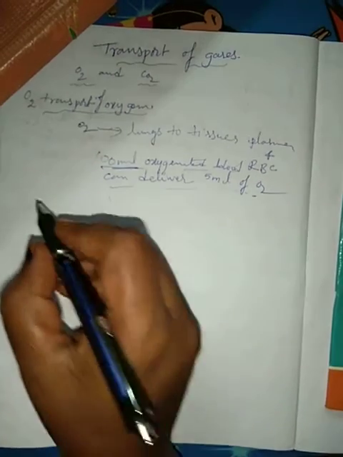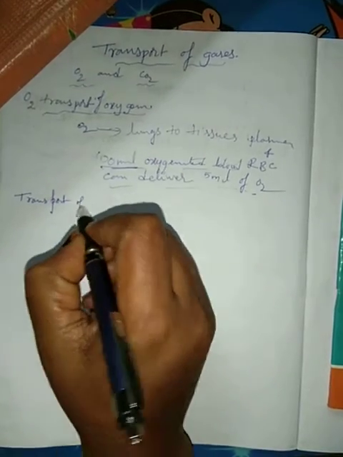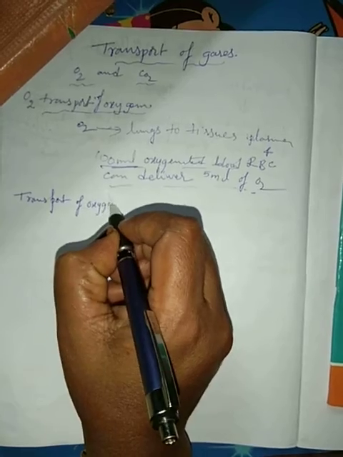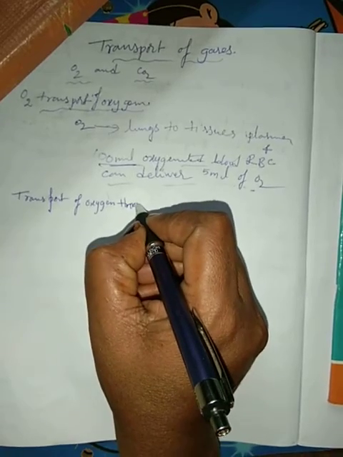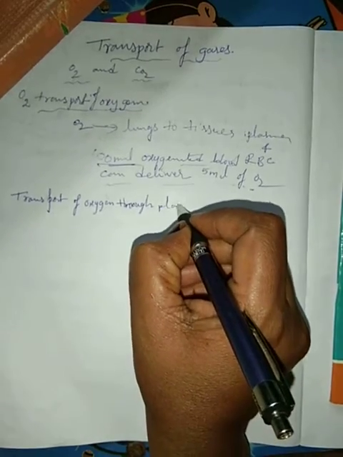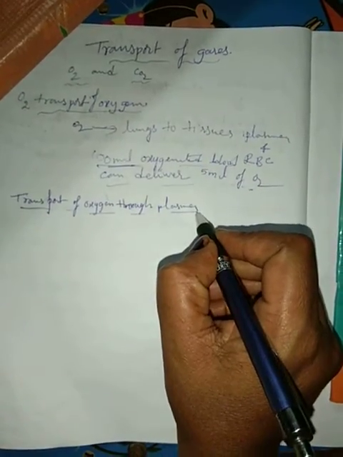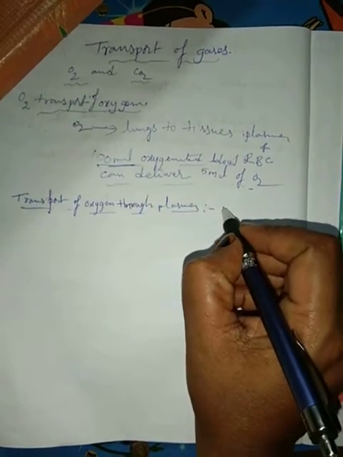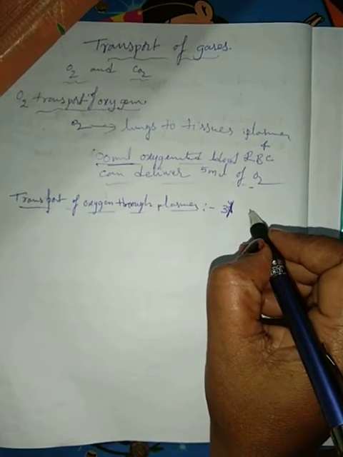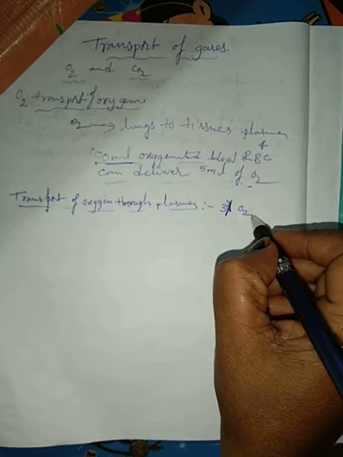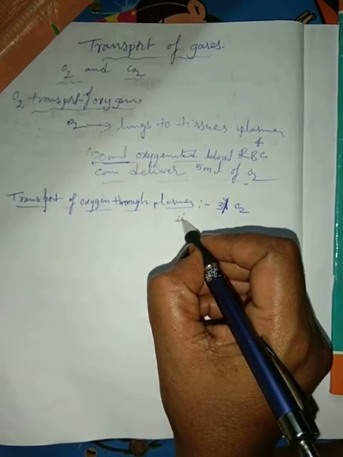And the transport of oxygen through the plasma: 3% of O2 is carried through the blood plasma in dissolved state.